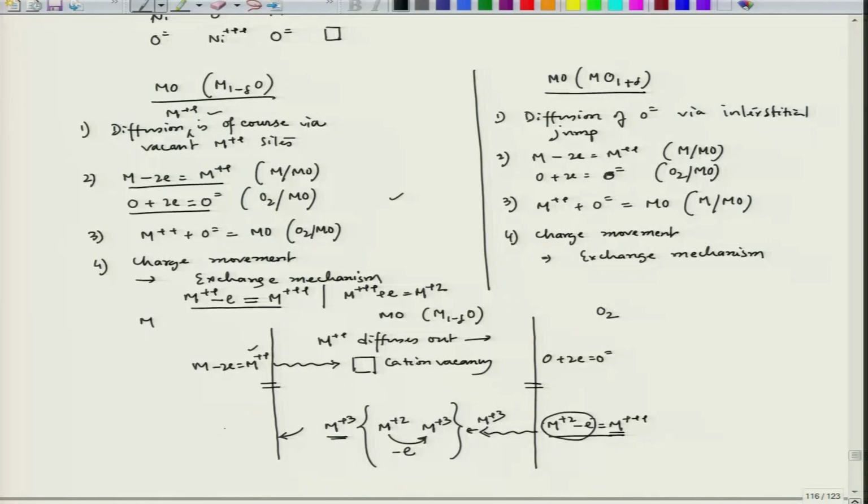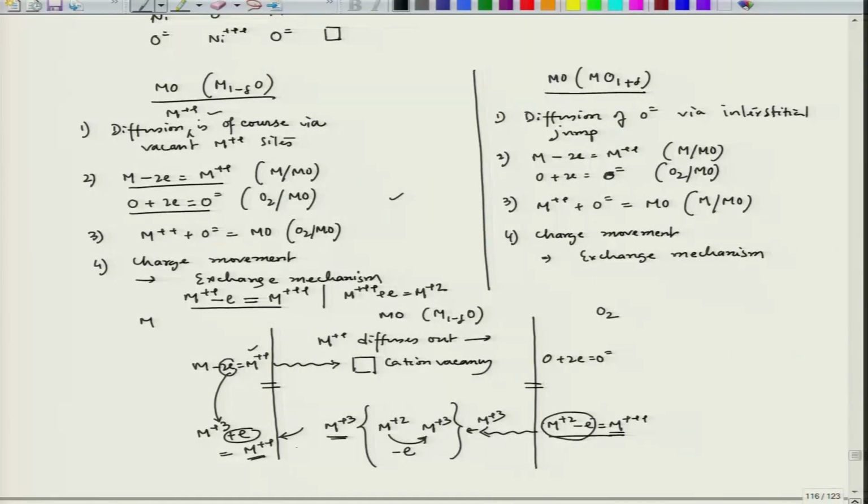M plus 3 combines with one electron and forms M plus plus, and this electron is coming from the 2 electrons released by the metal, which combine with metal plus 3 and form metal plus plus.